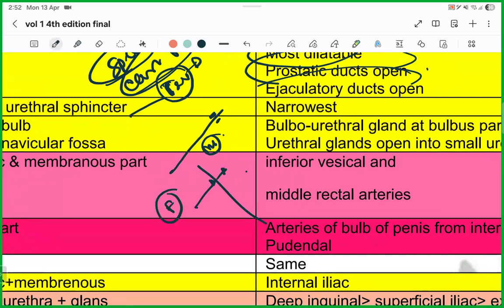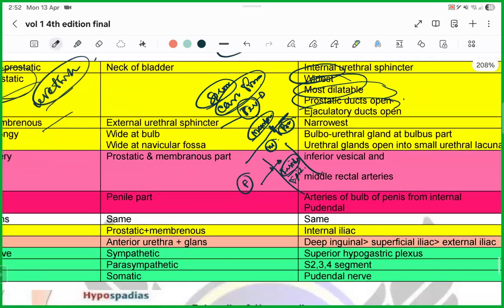Then when you cross it, you are inside the epidural space. Just like that, when you have crossed it, you have crossed the membranous urethra and entered the prostatic urethra, the widest and most dilated part.